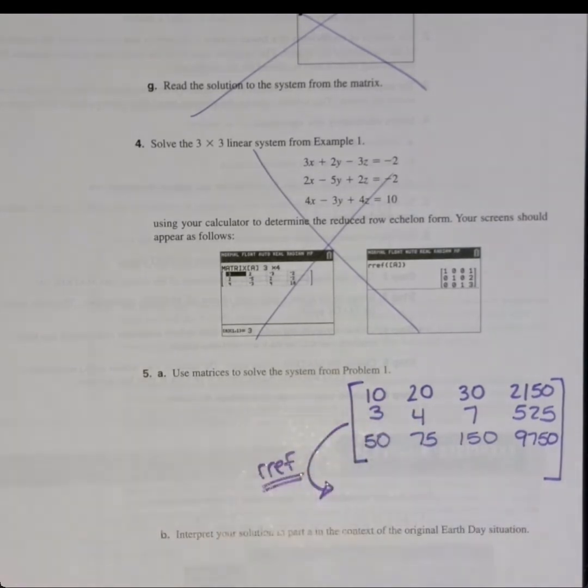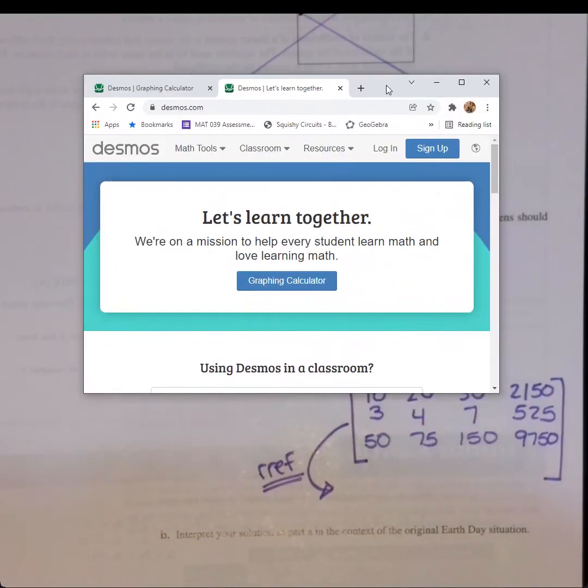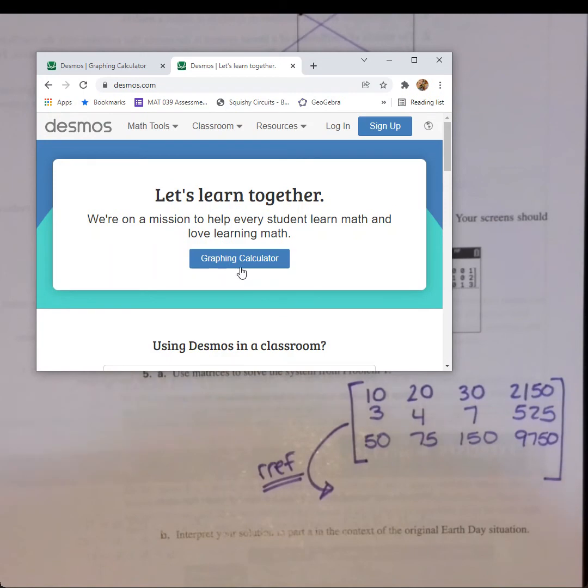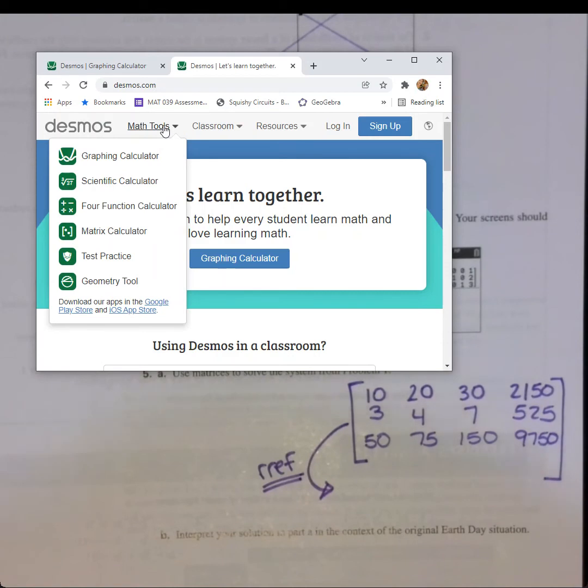Okay, so we're going to use Desmos to do this. Now, when I go to Desmos, usually the very first thing I do is pop into the graphing calculator. But now I'm not, because this is not a graphable type of question. If you look up here in Math Tools, there are other calculators.